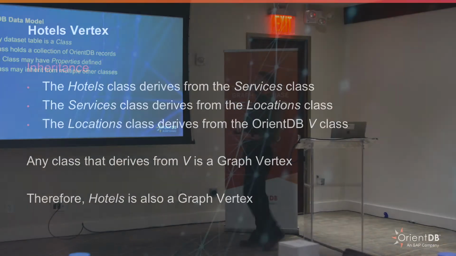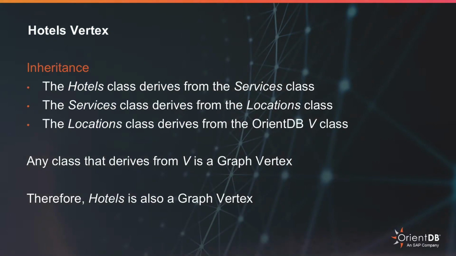But very quickly, I was just going to show you this example. Pretend we have a vertex, and it's called hotels. This comes from our demo database. We have hotels, and it's derived from services, and the services class is derived from locations, and locations is derived from the OrientDB V class, which makes this a vertex.